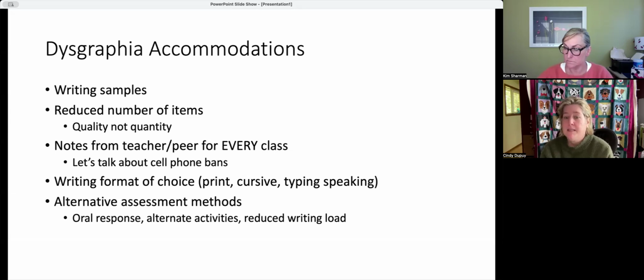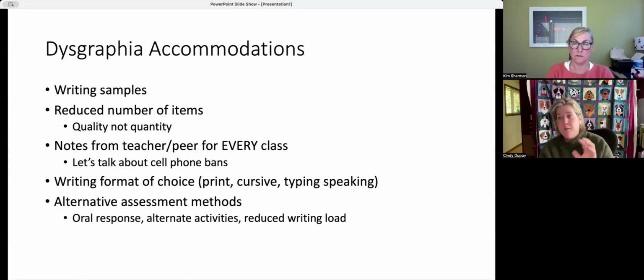We can give them a different activity to do rather than a written test. We can reduce the writing load. So there are ways to work around assessments so that a student who fatigues early can demonstrate what they know.